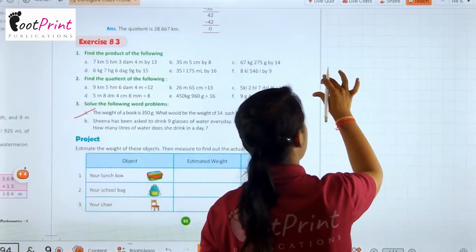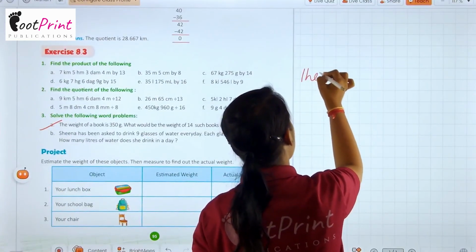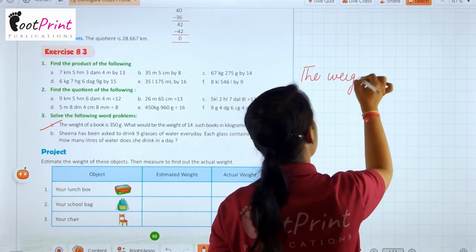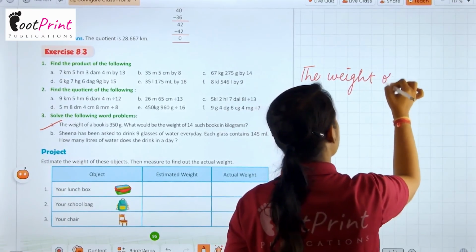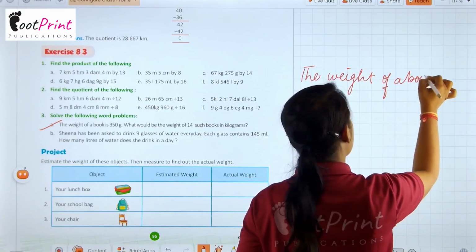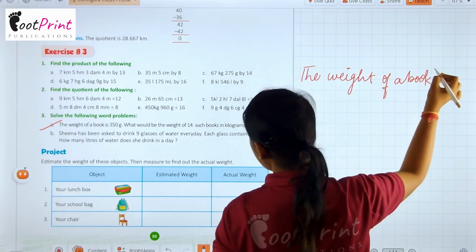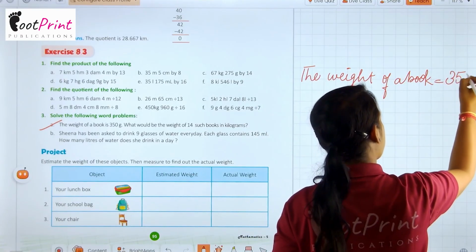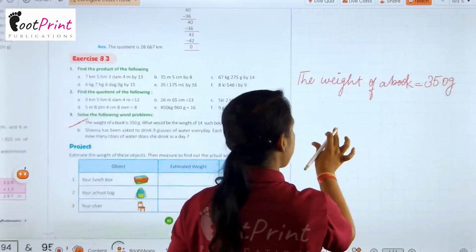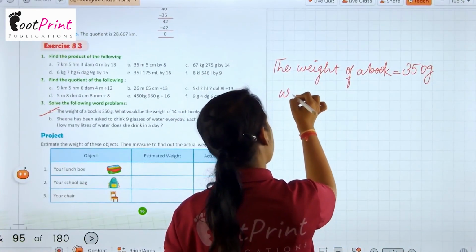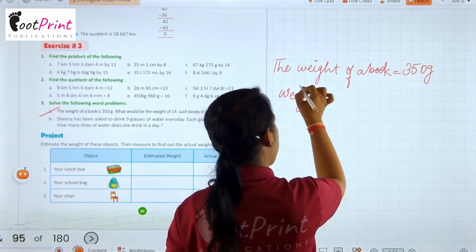So here first we write the weight of a book is 350 gram.